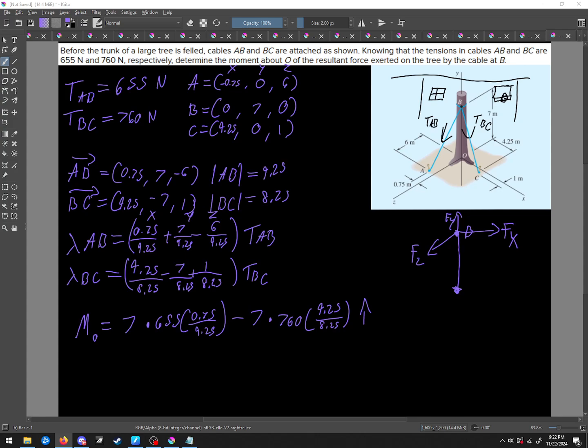We're given things in meters. 760, 655, those are all good. 9.25, 8.25, those are all looking good.